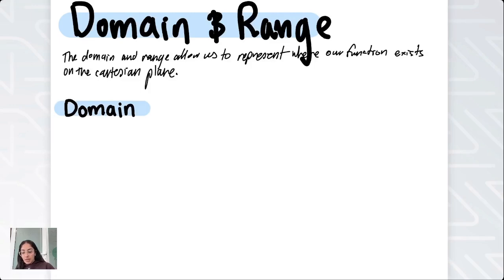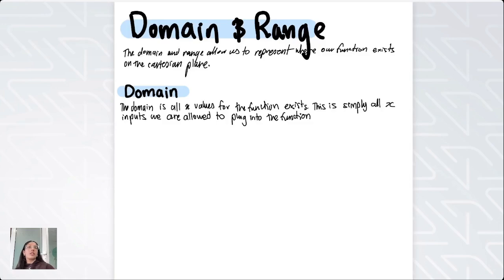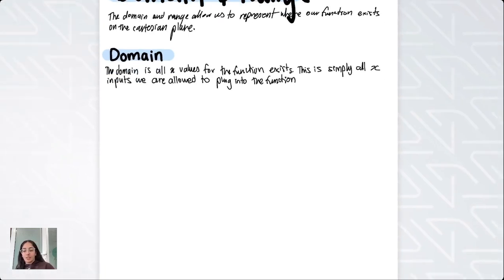So the domain is all x values for which the function exists. You can think of this as which x inputs we are allowed to plug into our function. So the question is then, how do we solve for the domain if we're given a function?